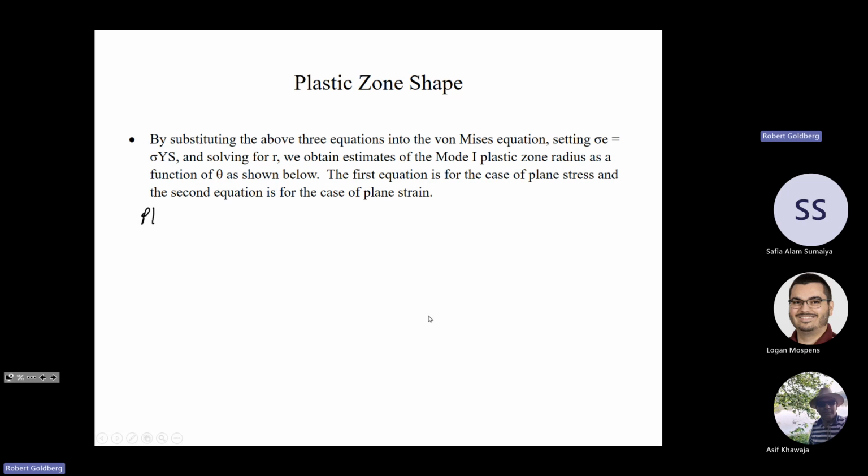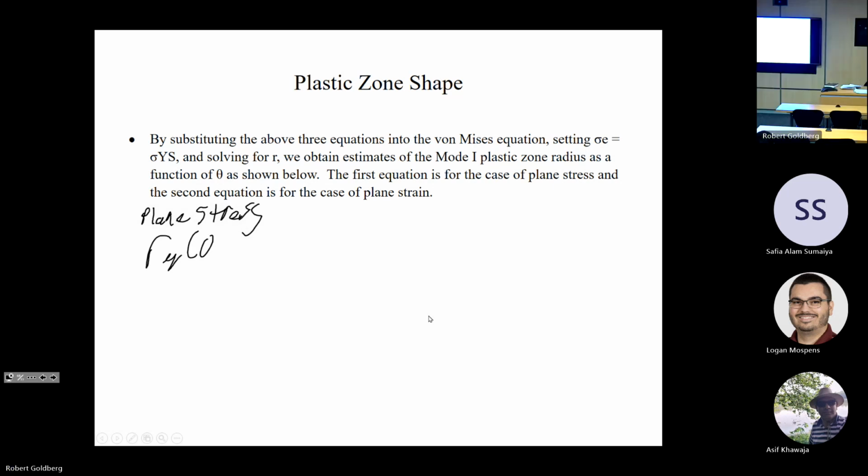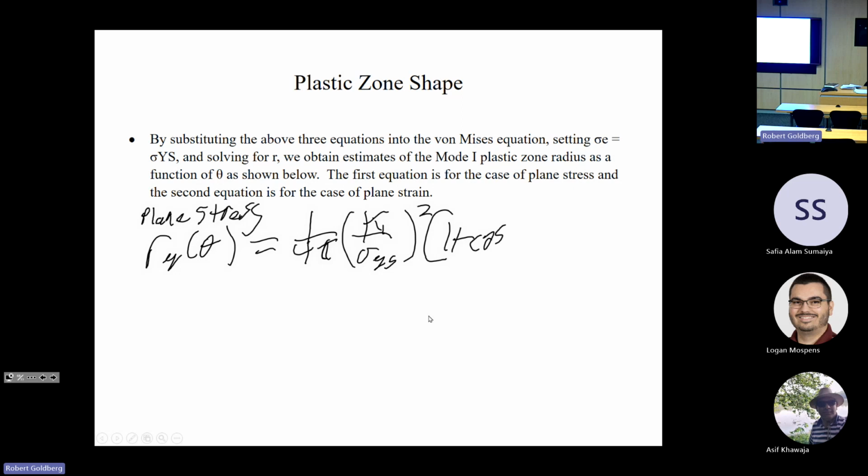For the case of plane stress, we get radius as a function of theta equal to 1 over 4 pi times the stress intensity factor over the yield stress, squared, times 1 plus cosine theta plus 3/2 sine squared theta.